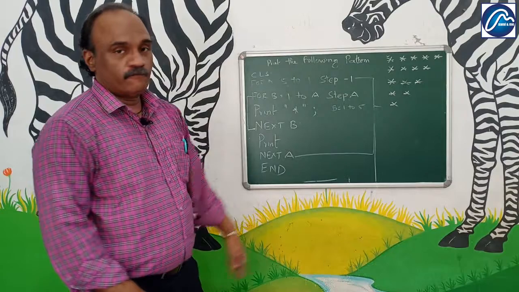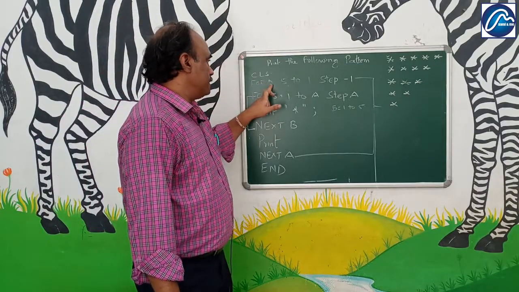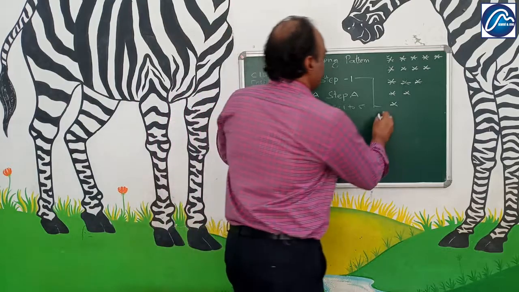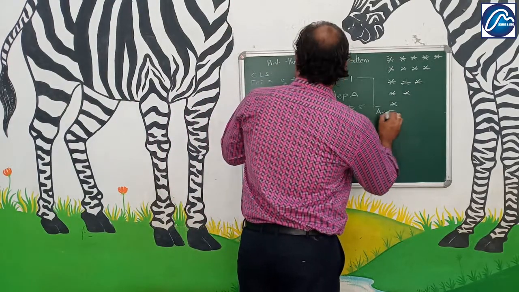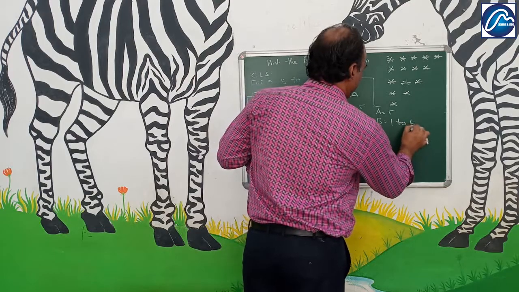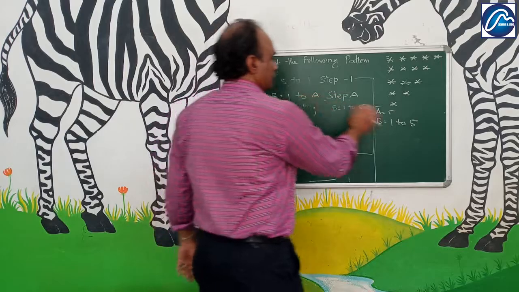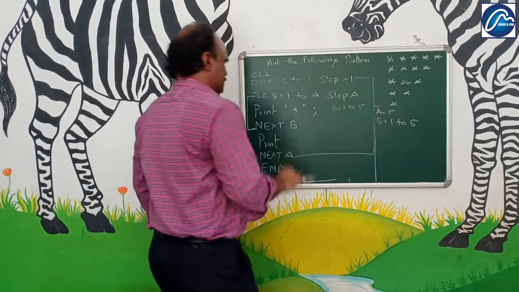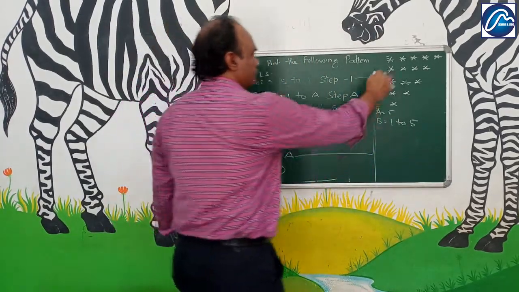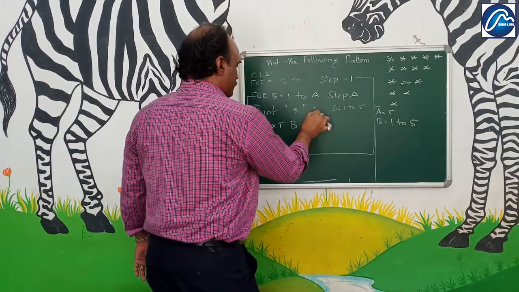Actually, how the program works, that I tell you. For A is taking the value to be equal to 5. B is taking the value to be equal to 1 to 5. Step A, let it be as it is. Print asterisk. First printing takes place, cursor moves next because you have given a semicolon.